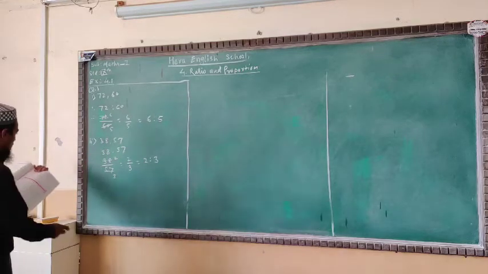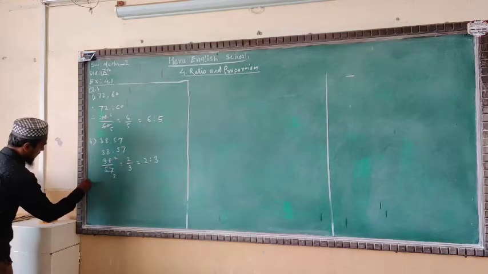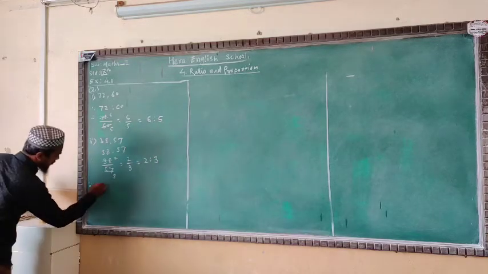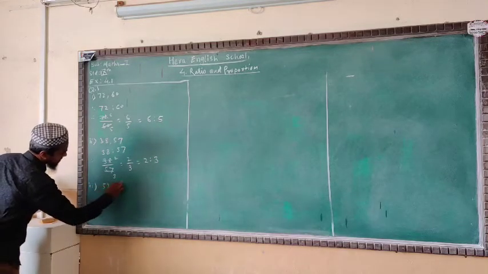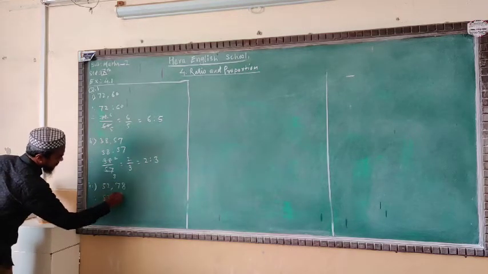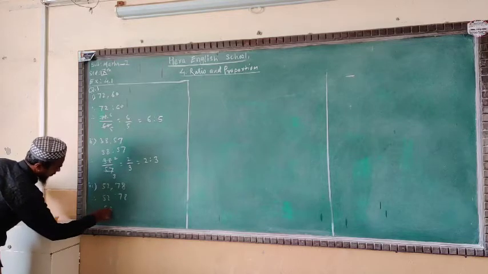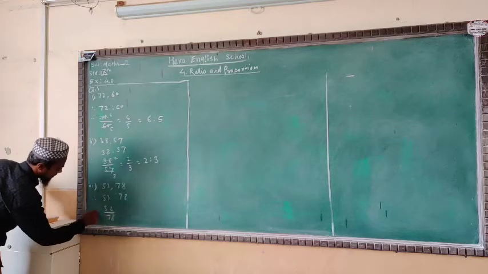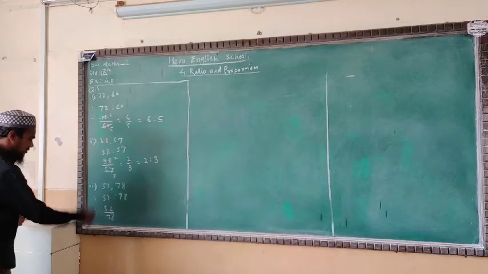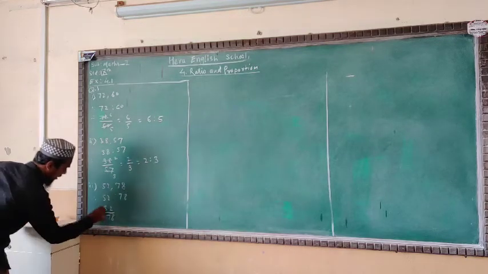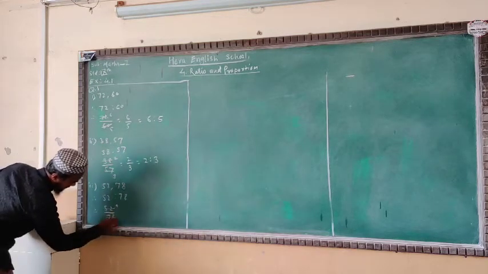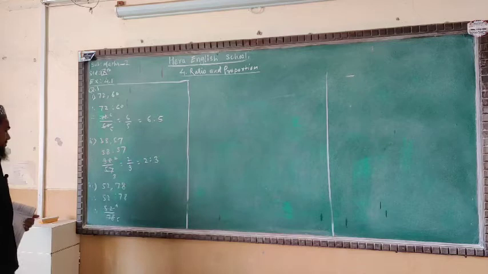Everyone got this one? Now the third one, see very well, same as the first and second: 52, 78. We'll write in ratio form 52:78, then fraction form 52 upon 78. See very well, we'll take the table of 13, which is the common divisor of both. 13 fours are 52, 13 sixes are 78.